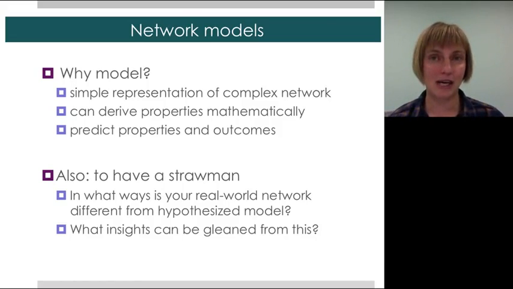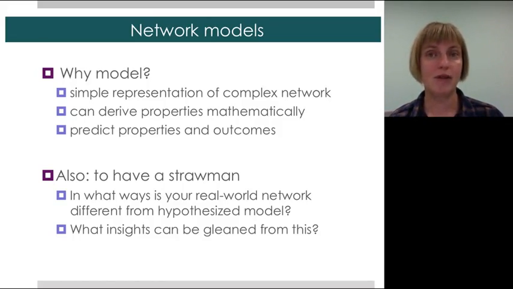Now, how can you tell that your model is valid? Well, what you're going to do is you're going to generate, either through simulation, which is what we'll be doing with NetLogo, or you can derive mathematically, properties of networks that follow the dynamics and the assumptions that you make in the model.